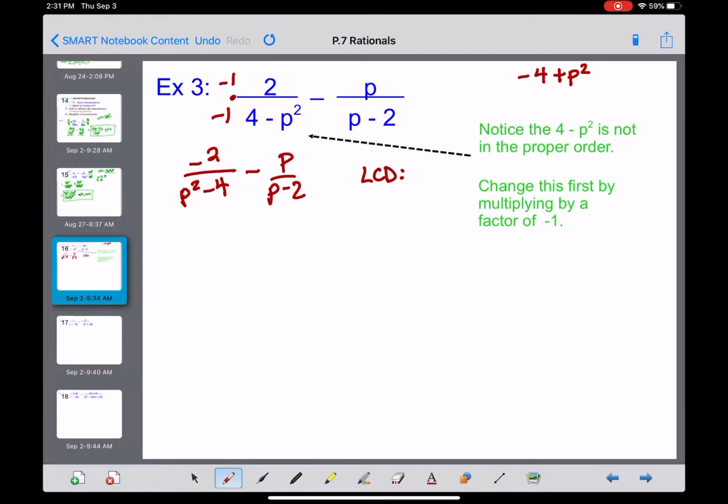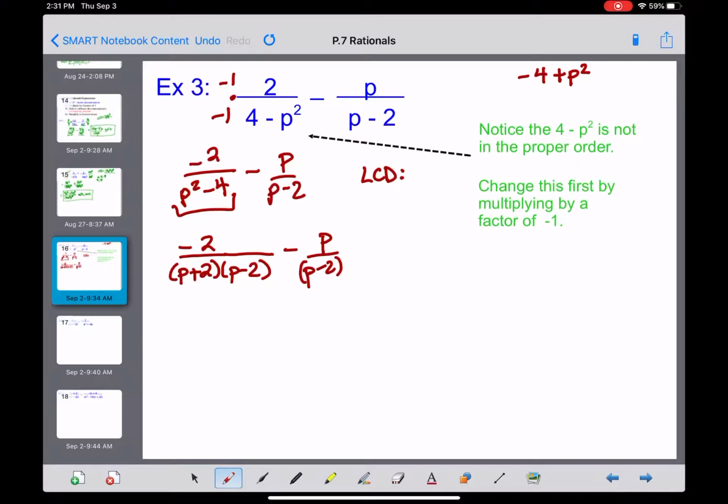So for our denominator, we need to make sure it's factored. So this first one can be factored. So -2 over, that's a difference of squares, so p plus 2, p minus 2. Minus p over p minus 2.